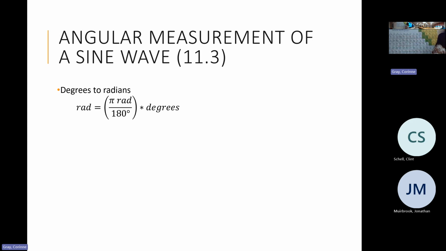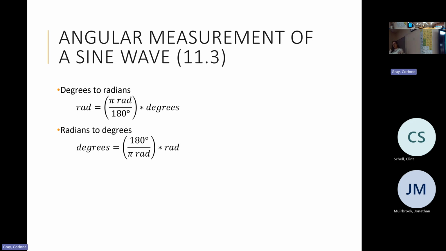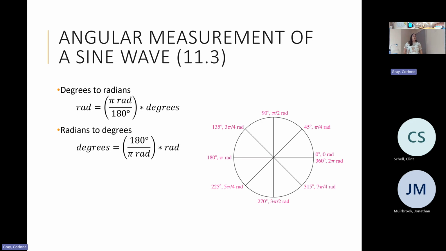To go from degrees to radians, take your degree value, multiply it by pi, and divide by 180 degrees. To go from radians to degrees, it's flipped: 180 degrees times your radians divided by pi. If you do that, you can create your own unit circle.